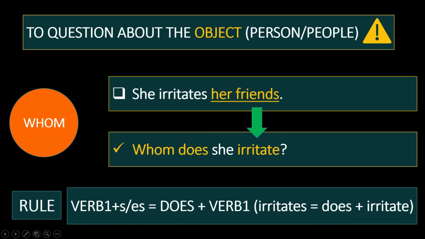And this is the rule that we need to follow here. If you have verb 1 plus s or es, it can be split into does and verb 1. Now the word here is irritates, and if you split that, you get does and irritate. Remember this, there is no s again. When we use do, did, does, we have to use only verb 1.